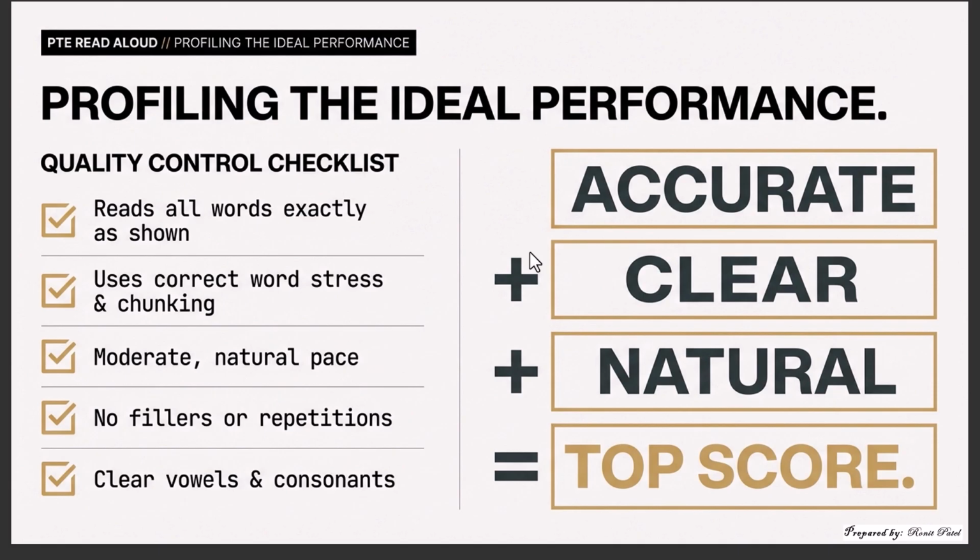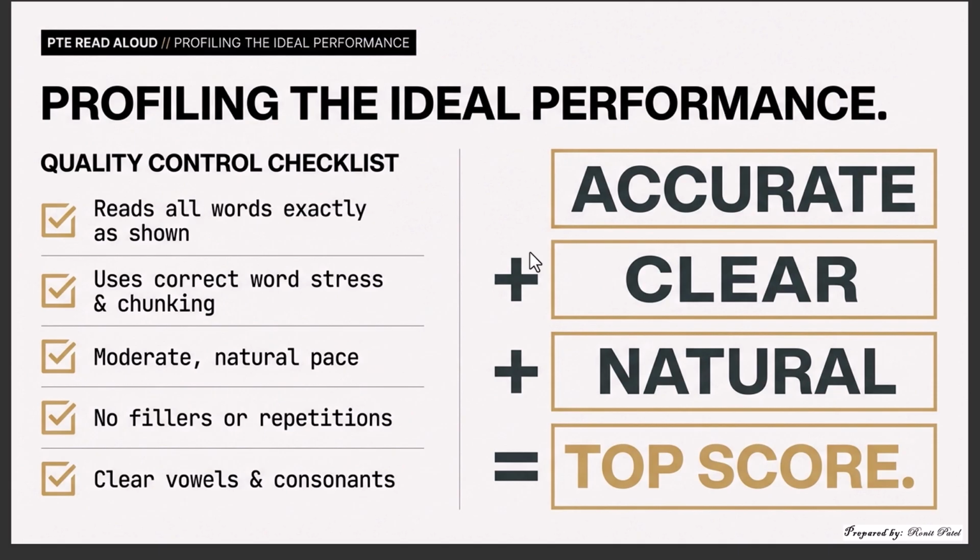Now let's visualize what a perfect Read Aloud response actually looks like. This slide gives us a beautiful formula. Accurate plus clear plus natural equals top score. Let's unpack this slowly. Accurate means you read every word exactly as written. Clear means your sounds are easy to understand, your stress is correct, and your intonation feels natural.